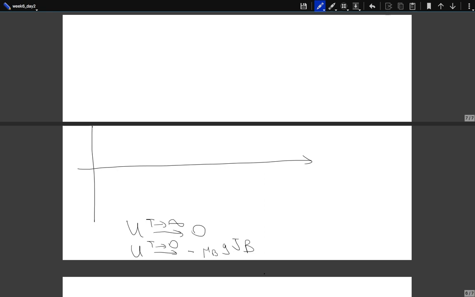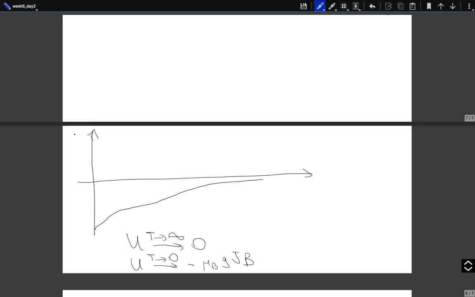This should be the temperature. Well, you see all of them are in the ground state. The ground state has this energy. So at 0 temperature, it has some finite negative value. And then as t goes up from 0, it increases. And at t goes to infinity, it becomes 0. This is how U changes as a function of temperature.